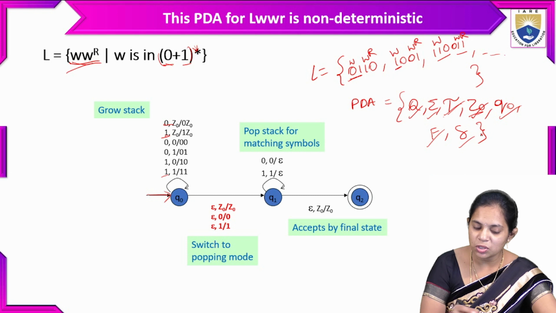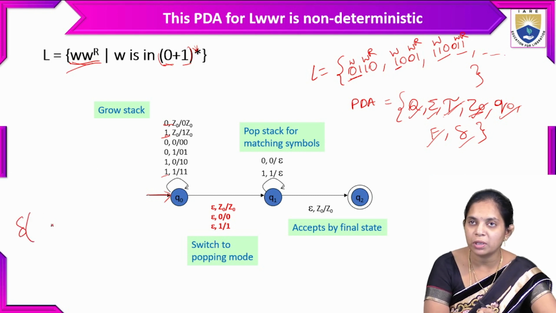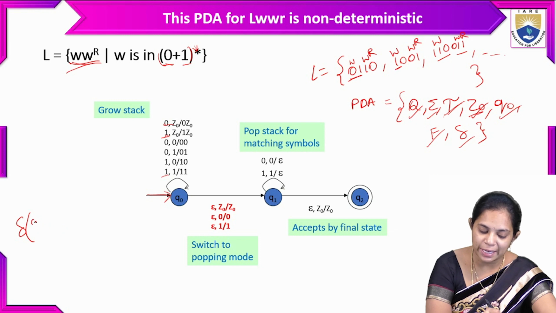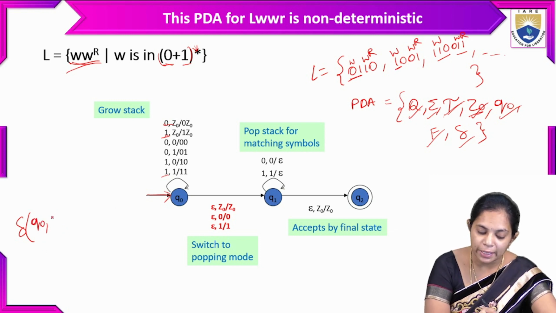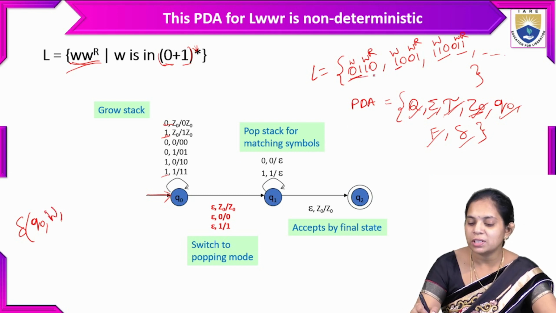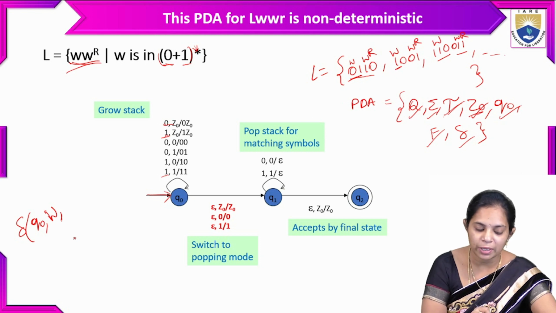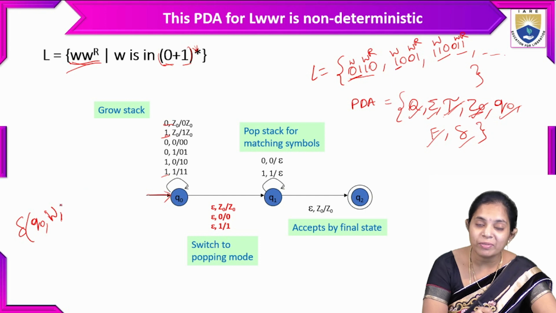So in the transition, we already know the transition of this pushdown automata. The first one is the state, Q0, the initial state we have to take. Instead of A, we will write the input symbol, so W we can say. Whatever string we are taking, that is W, and next is the top of the stack symbol.